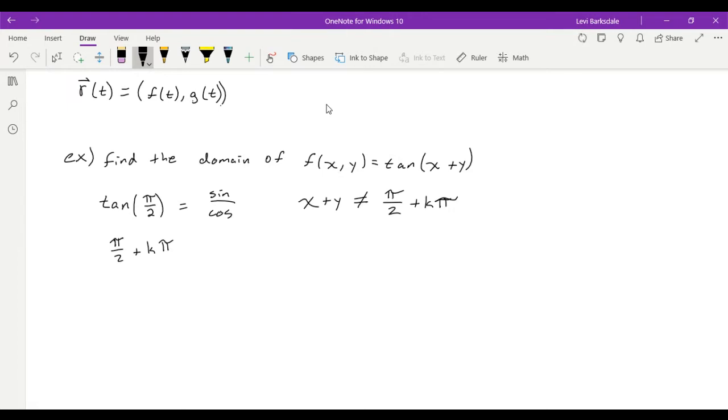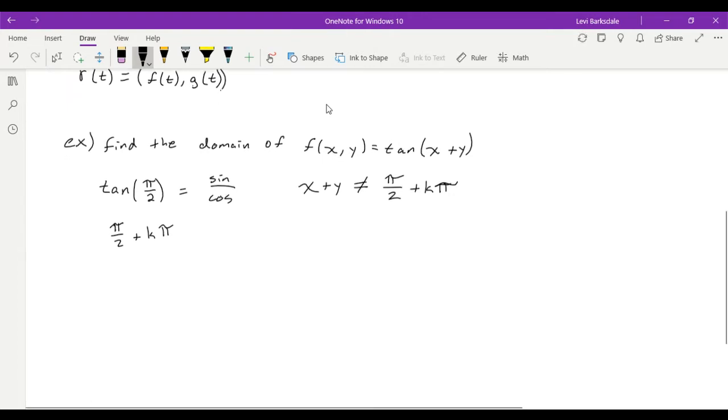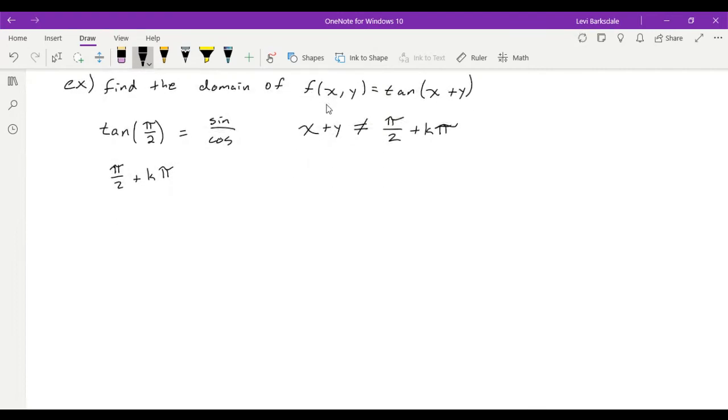In fact, if we wanted to sketch the domain of this, well, it's going to be basically a whole plane. Not quite a whole plane, but let me clarify. We'll just sketch it. Anything that would not fall on any of these lines, x plus y equals pi over 2 plus some integer multiple of pi, would be allowed.